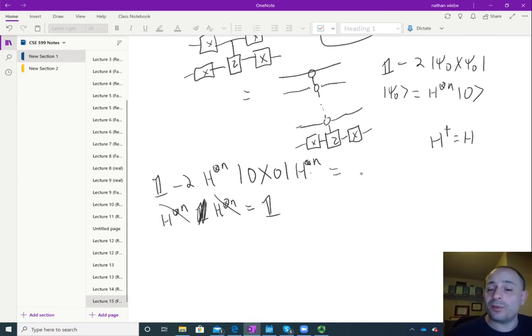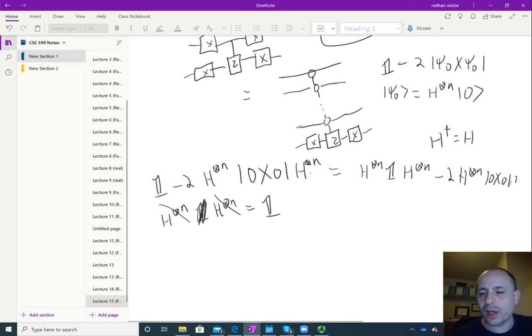So I can write this as Hadamard tensor n, identity, Hadamard tensor n, minus twice Hadamard tensor n, projector onto 0, Hadamard tensor n. Now I can factor out the Hadamard tensor n's at the beginning and the end of the quantum circuit.